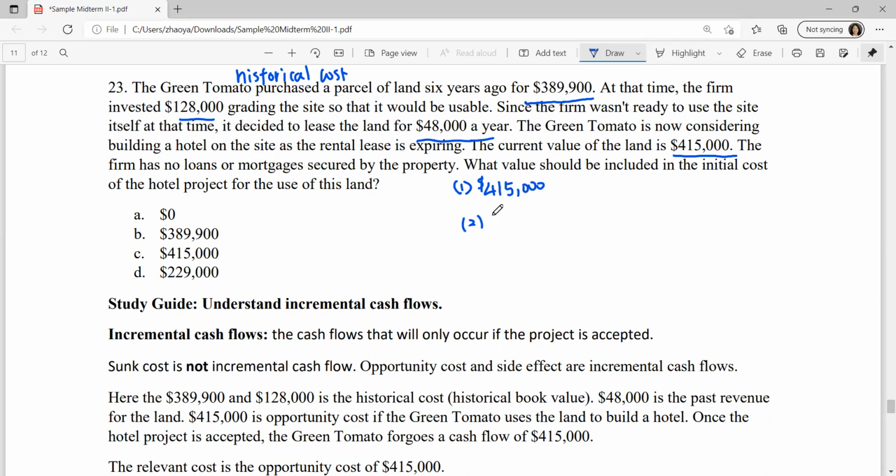The second option is to build a hotel. So this 415,000 is the opportunity cost for using this land to build a hotel. That's what we should include in our capital budgeting analysis.